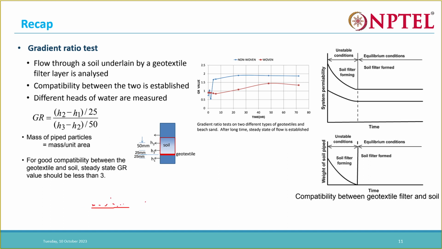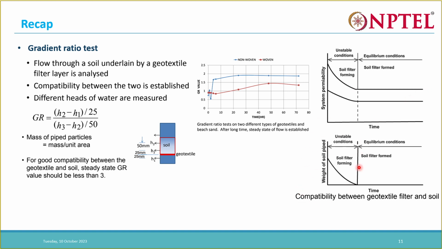As there is flow, the soil forms a bridge, or it forms a layer. So that soil forms a soil filter also, above this geotextile filter. Okay, so after the formation of soil filter, we are seeing that the system permeability becomes constant.